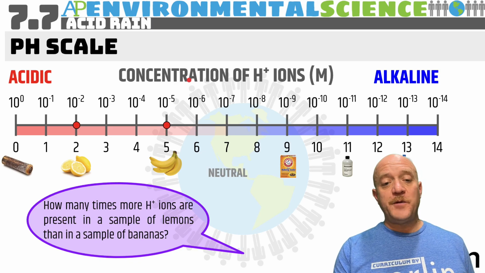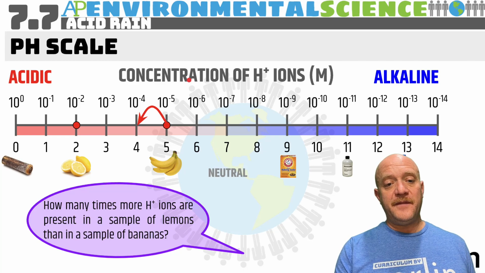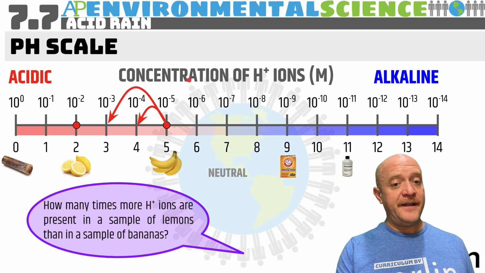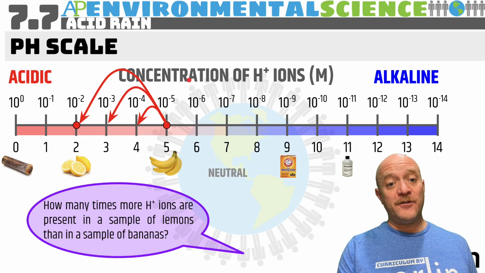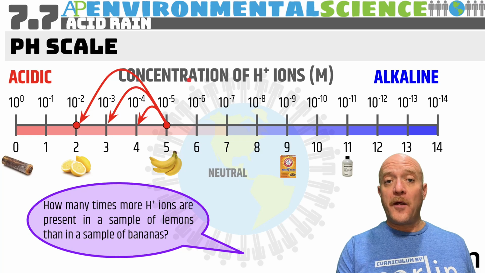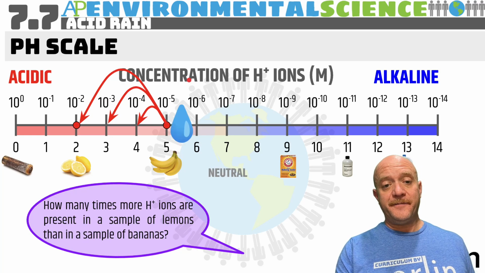So what we want to do is indicate both of these on the pH scale. And we want to figure out that for every jump between 10 to the minus 5 and 10 to the minus 4, that's a factor of 10. This is a factor of 100. And this is a factor of 1,000. So lemons have 1,000 times more H plus ions than a sample of bananas would.